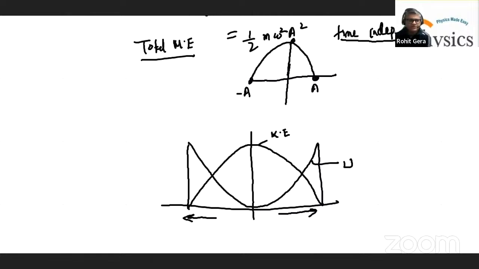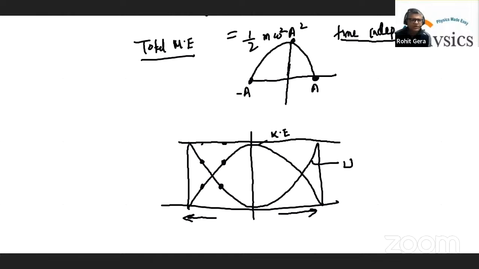And the sum at any place, for example, here the kinetic energy is so much and the potential energy is so much. The sum of these two is this. And supposing we talk about this point, your potential energy is here, your kinetic energy here. The sum of these two is here. So the total energy is here, okay, and is a constant.